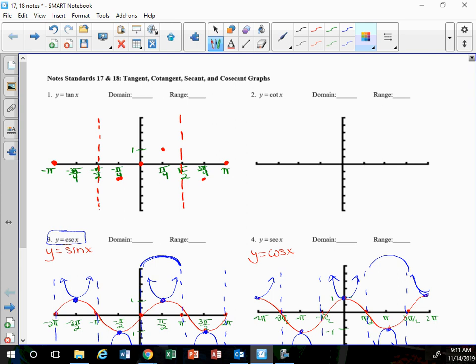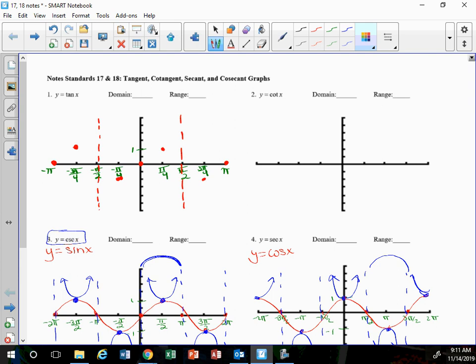So negative 3 pi over 4. What quadrant does that end up in? Third quadrant. Tangent positive or negative in the third quadrant? Okay, so you see positive 1. All right, so there are the dots I need.